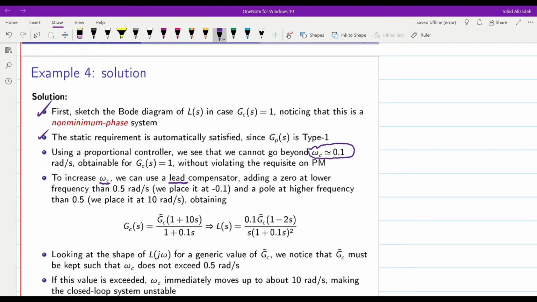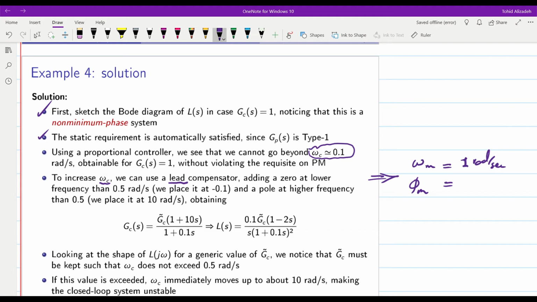To design the phase lead compensator, we need to pick two values, omega m and phi m. For omega m, let's use 1 radian per second. And for phi m, let's pick a big value.